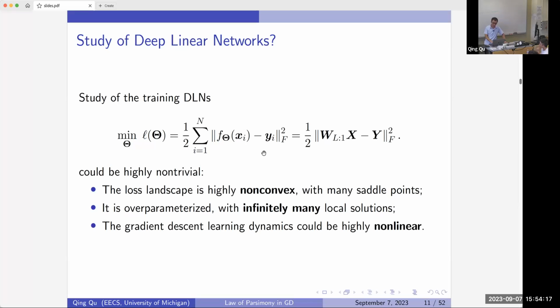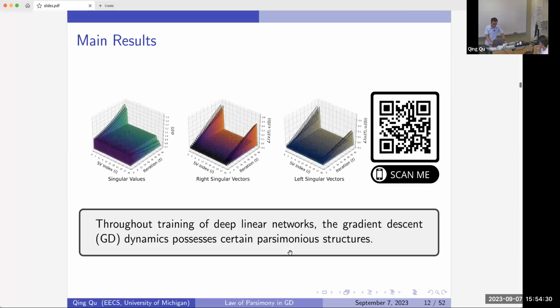And because the loss is non-convex, the gradient descent dynamics could be highly nonlinear. So there are quite a few challenges, even when we study a deep linear network. In this talk, we will study some of the interesting phenomena I showed here based on the deep linear network.